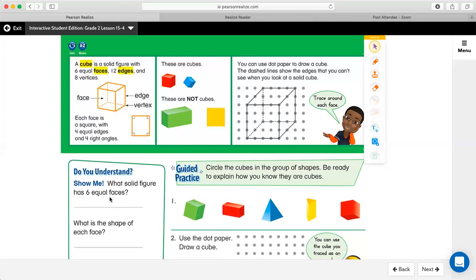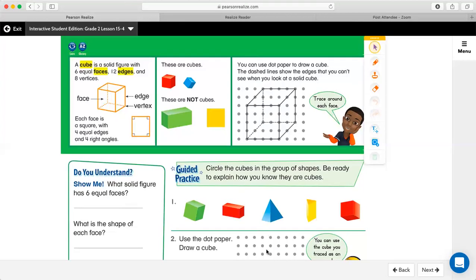Okay. Now you're going to be asked to draw a cube down here. What I suggest to you, find a piece of paper at your home, clean white paper if you can, a piece of writing paper, and place it on top of this and trace this.